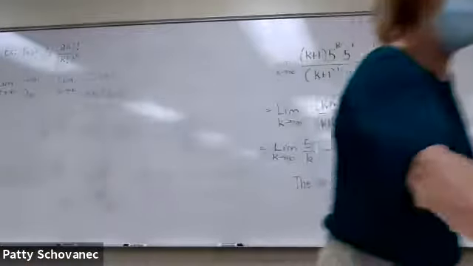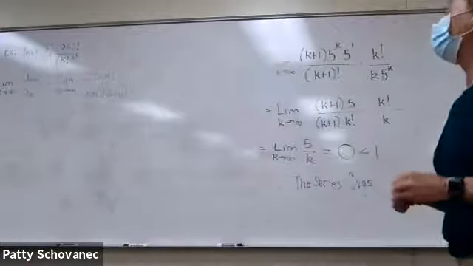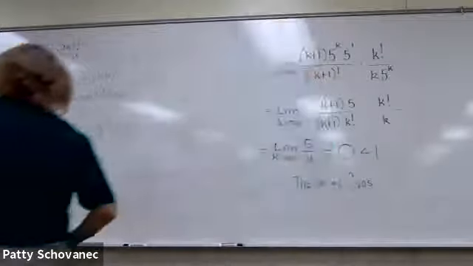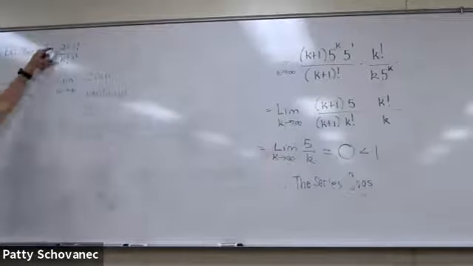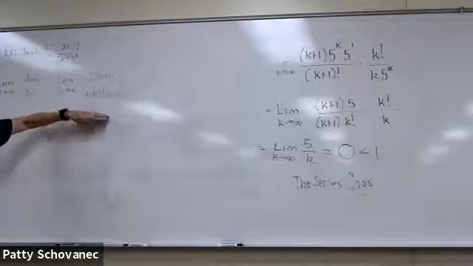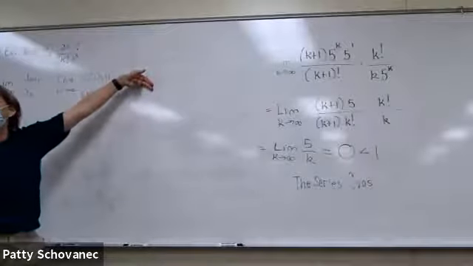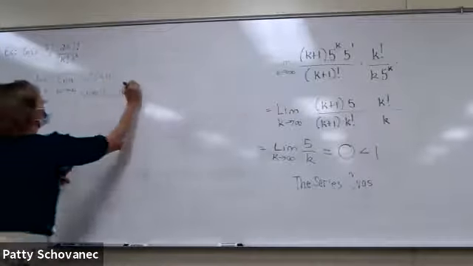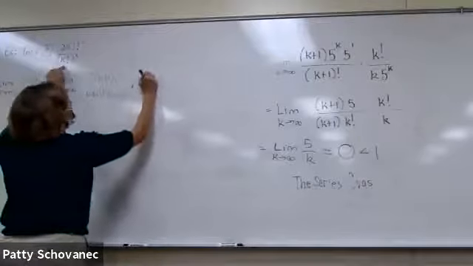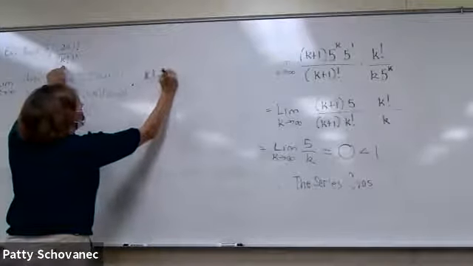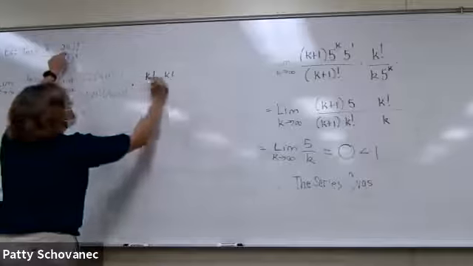Let's see if purple works better. Then I'm going to divide by this. So I'm going to go ahead and make the jump that dividing by this fraction is the same as multiplying by its reciprocal. So I'm going to put this up here and this down here.